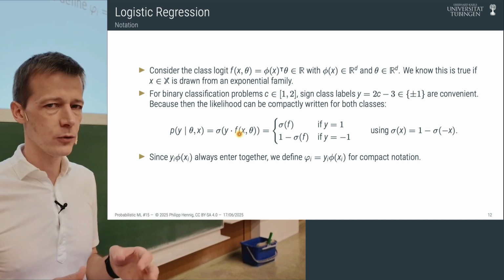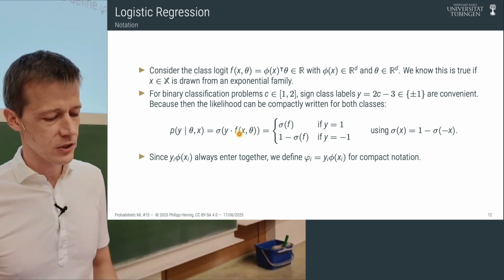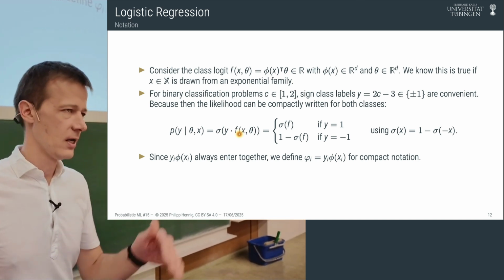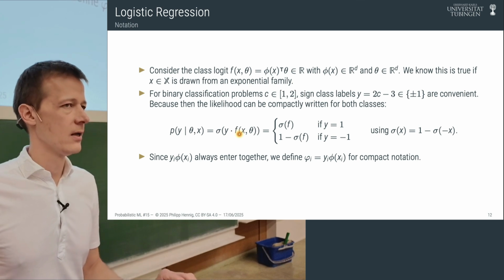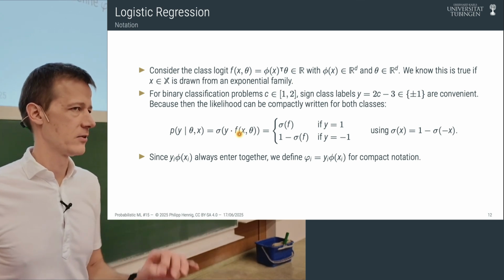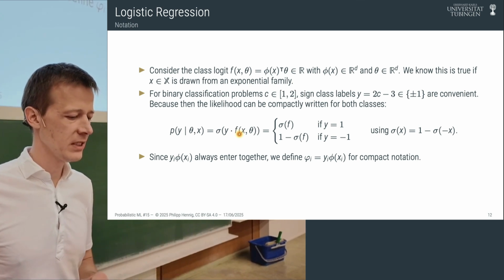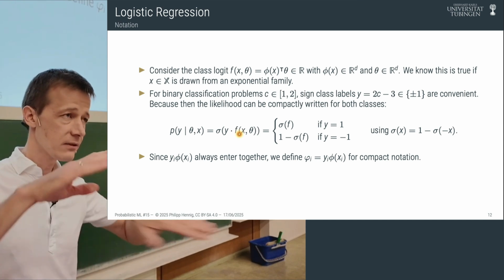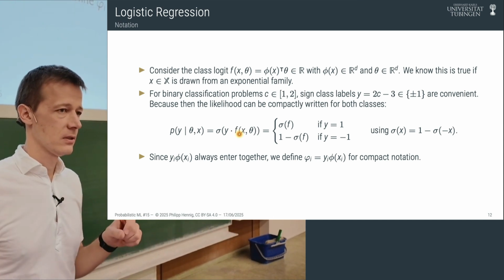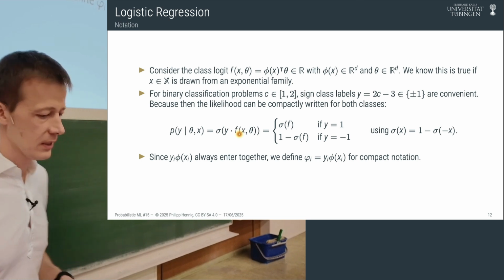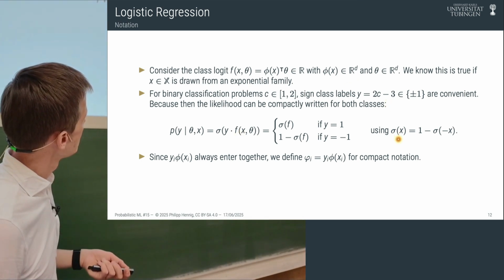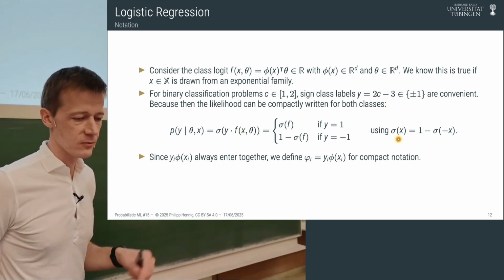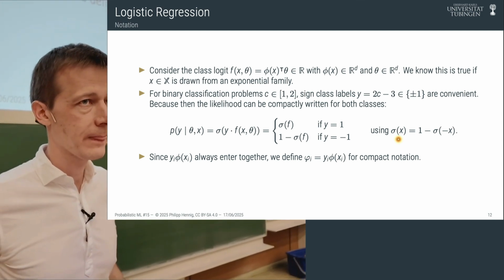So for the rest of today's lecture and also next week's lecture, we assume that the labels y are signs. They're plus or minus 1. Why is this convenient? It's convenient because the logistic is symmetric around the origin, in the sense that sigma of x is 1 minus sigma of minus x. They sum to 1.